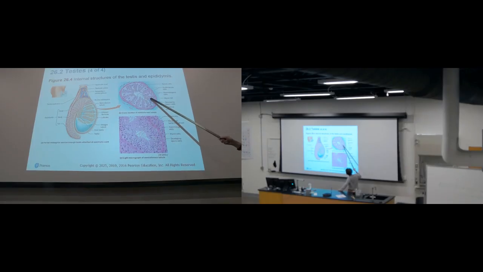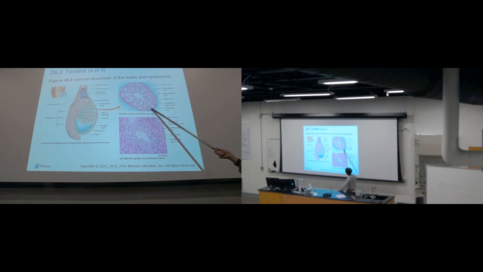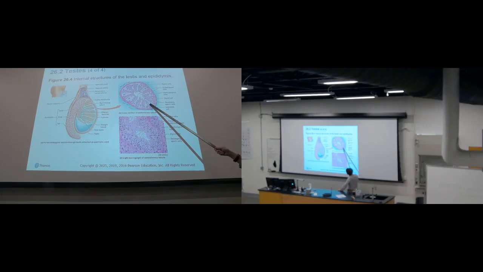Inside the myoid cells, near to them, you have the spermatogonia, the stem cells that are going to produce the sperm cells. The spermatogonia will subdivide, forming primary spermatocytes and then secondary spermatocytes. These secondary spermatocytes will start forming the sperm cells. So these are developing sperm cells.